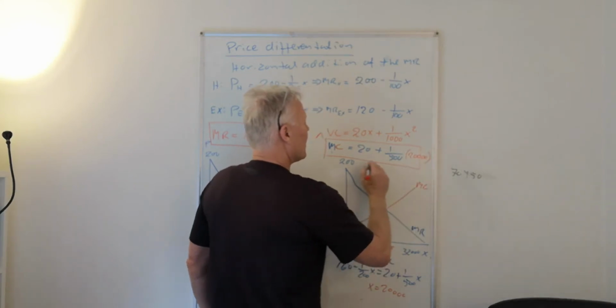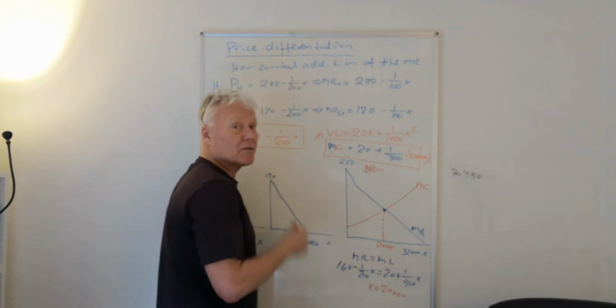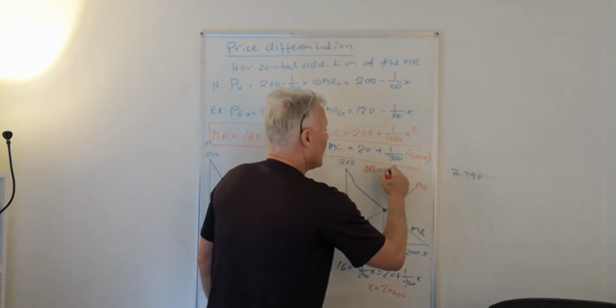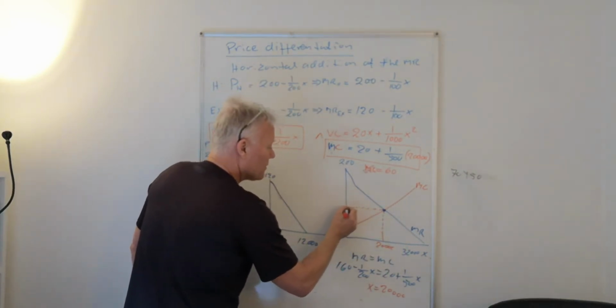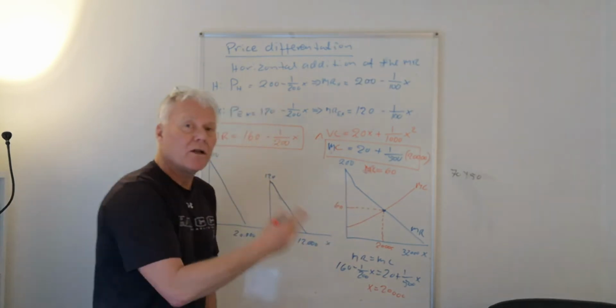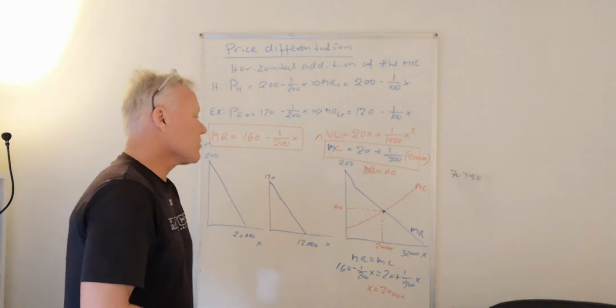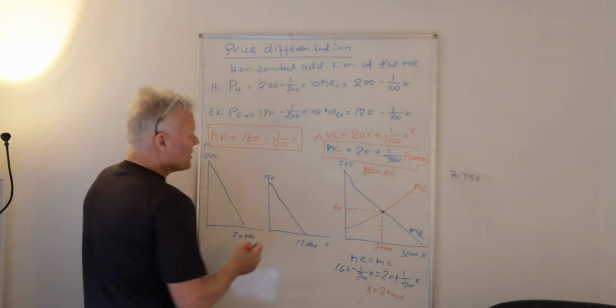And that gives me the marginal revenue and marginal cost at 20,000, which is the optimal number of units that I'm going to sell. So right here, the marginal cost is 60.